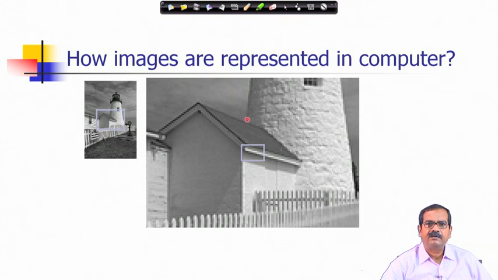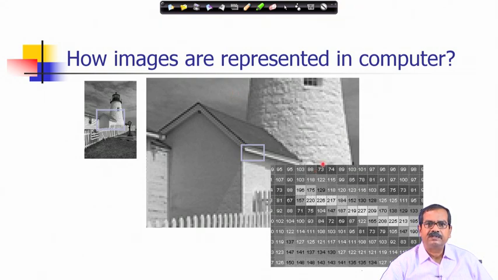And if I further zoom this area, you will observe small squares of uniform illumination. Those values are shown here by the numbers in those squares.